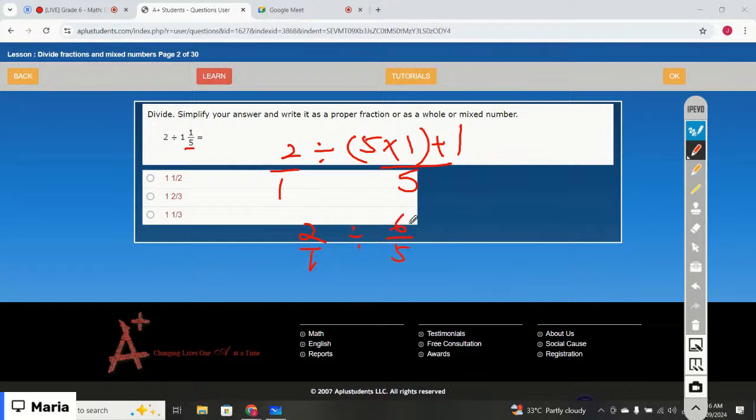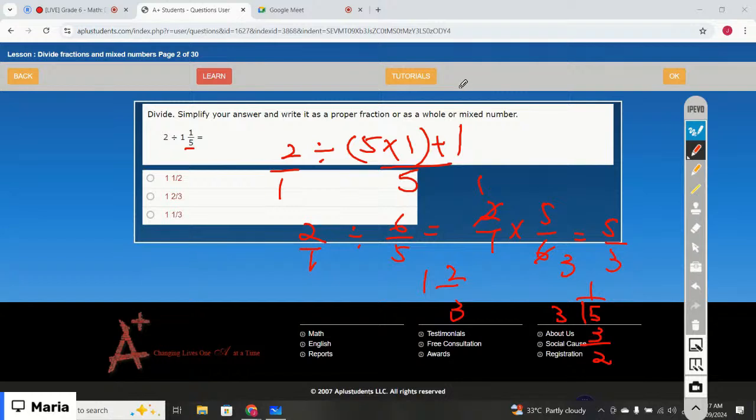So convert this division sign to a multiplication sign, that is 5 over 6. 2 times 1 is 2 and 2 times 3 is 6, that is 5 over 3. So divide 5 by 3 now. 3 times 1 is 3 and here you have 2. So that is 1 whole 2 over 3.